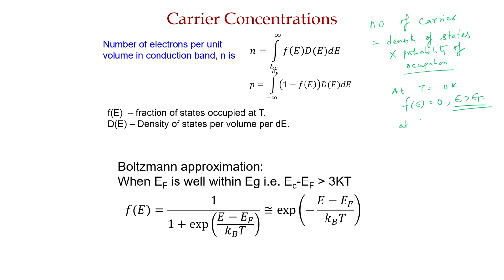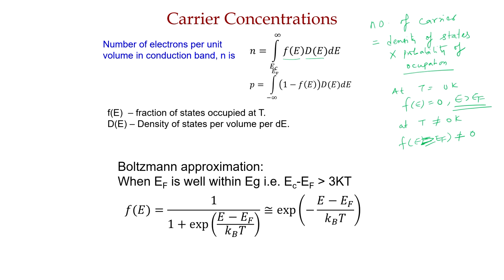But at T not equal to 0 Kelvin, that is at T greater than 0 Kelvin, F(E) for E greater than or equal to EF is not equal to 0, which means there is a finite probability for electrons to occupy the higher states, which means I can write number of carriers is equal to the product of F(E) and the density of states dE integrated over all the energies from EC to infinity.